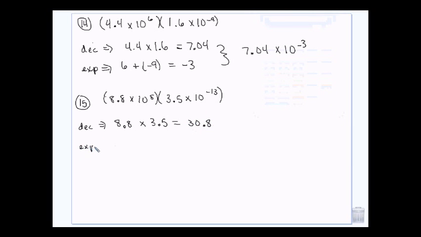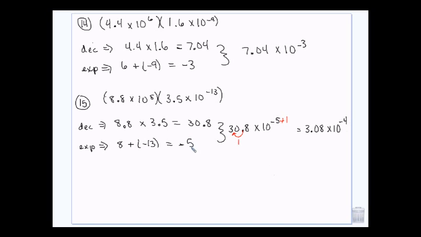And then the exponent part is going to be 8 plus negative 13, which is negative 5. So what this equals is 30.8 times 10 to the negative 5, but it's in the wrong place, so I have to move this one place, so I have to add 1 to this. So when I do that, it gives me 3.08 times 10 to the negative 4.